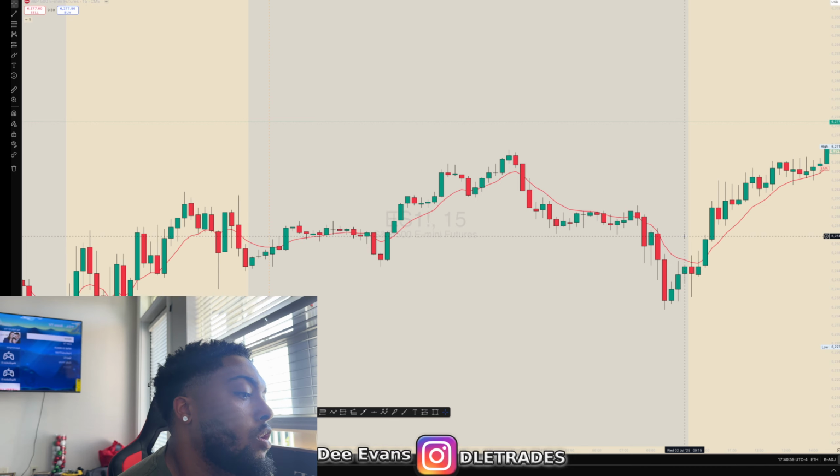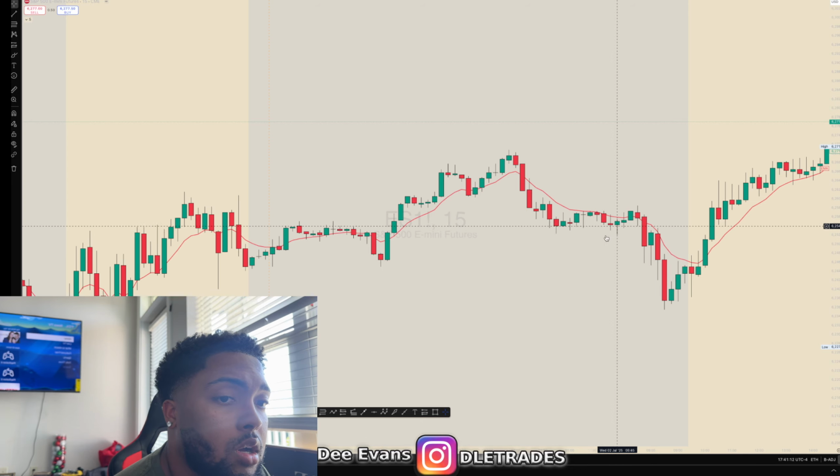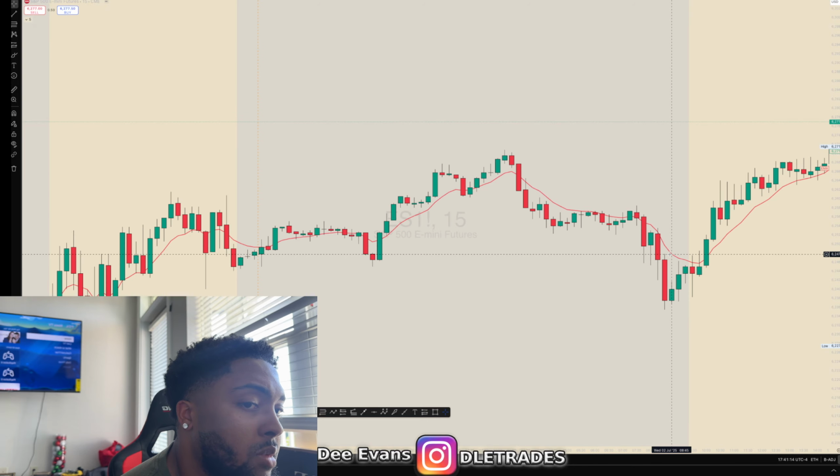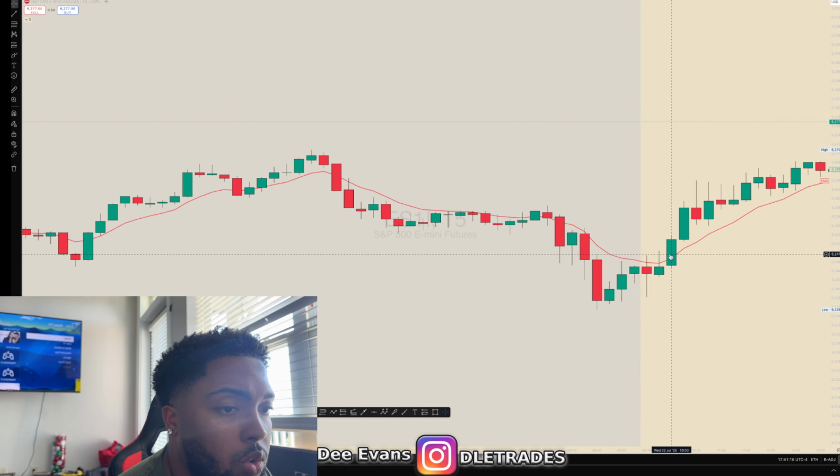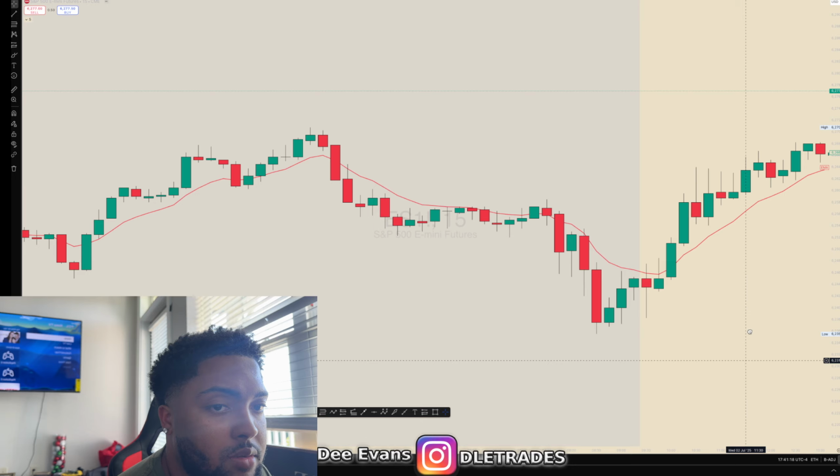Or if you get a big range in general, let's say it lasted for 30 minutes, an hour. If you have a range off the open, that's typically what's called an opening range. But a lot of people like to play the 15-minute opening range. So let me show you what I mean.